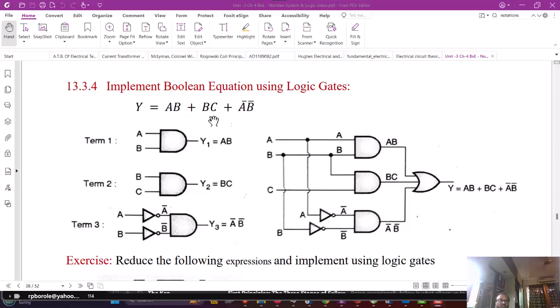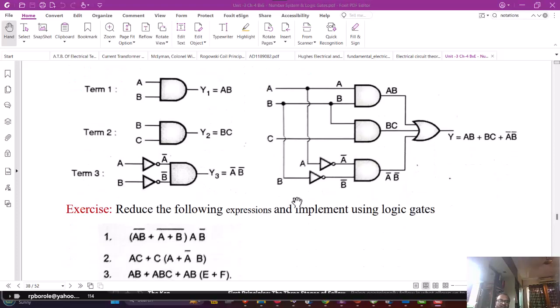So whatever the Boolean expression given here, that can be implemented by using digital electronic gates. Now to this circuit, if you change the combination of inputs A, B and C, you are getting at the output Y, that is AB or BC or A bar B bar.